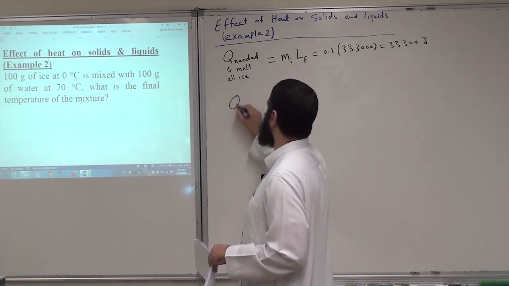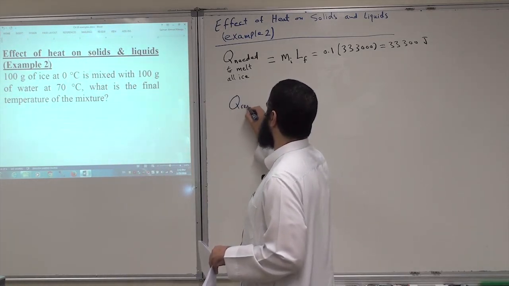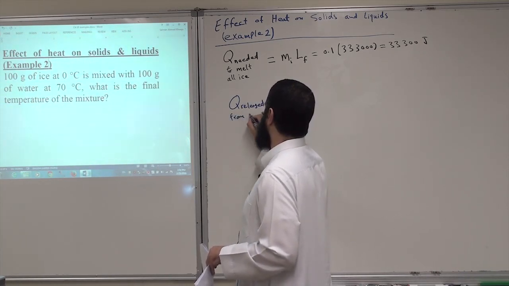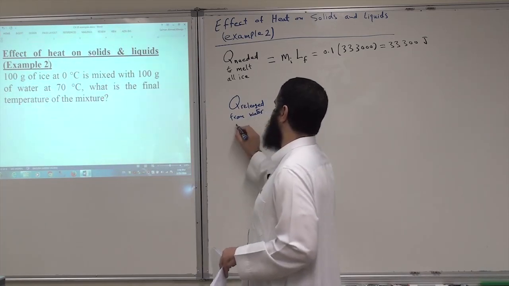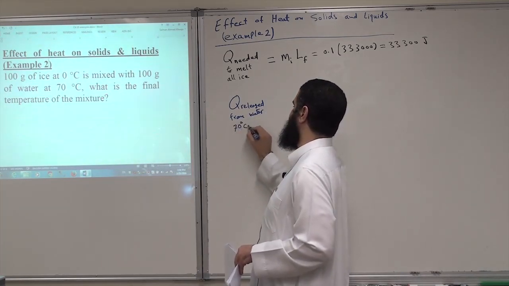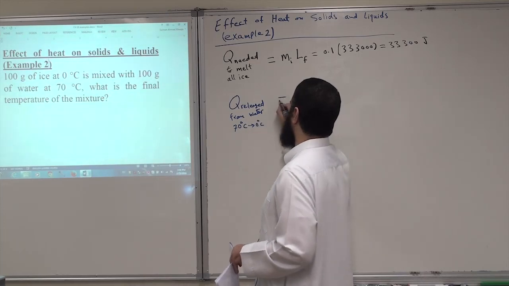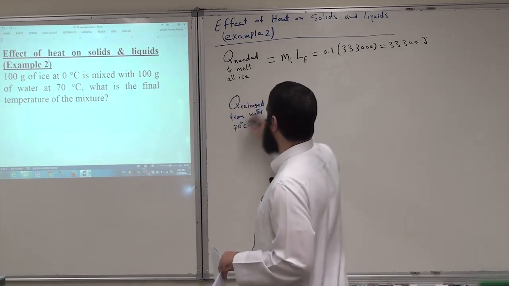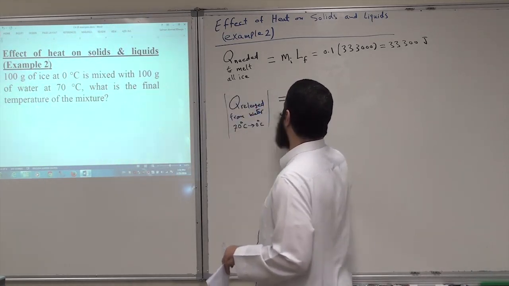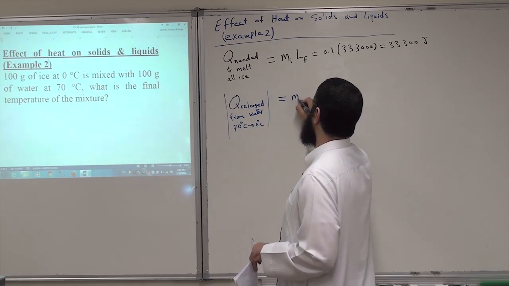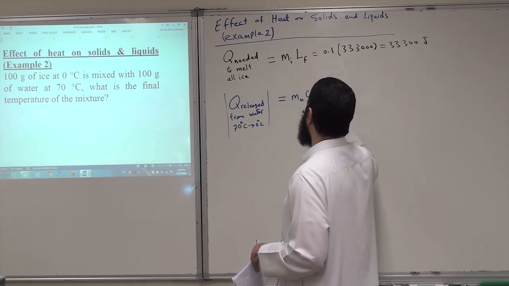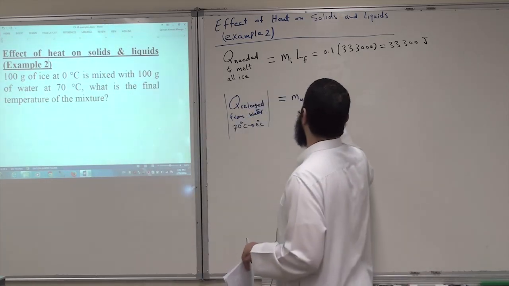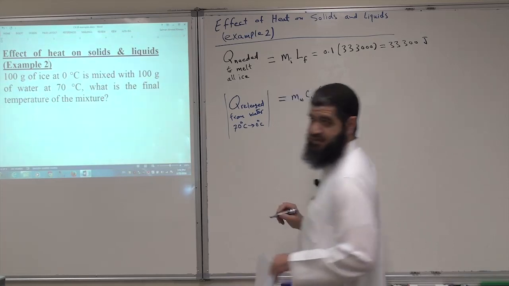So Q released from water by changing its temperature from 70 degrees C down to 0 degrees C. I'm talking about the heat lost, but the magnitude of that, the absolute value of this amount of heat. This will be the mass of water, the specific heat of water, and the difference in temperature, which is 70. I'm taking the absolute value.